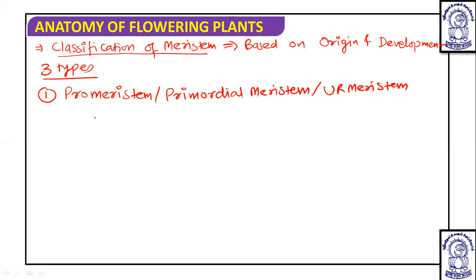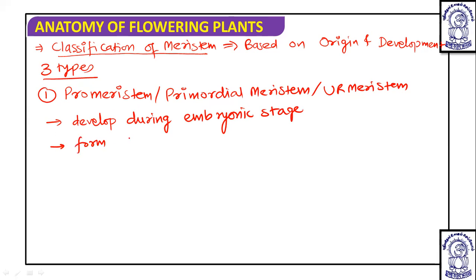Now this promeristem develops during the embryonic stage, and this promeristem forms primary meristem.